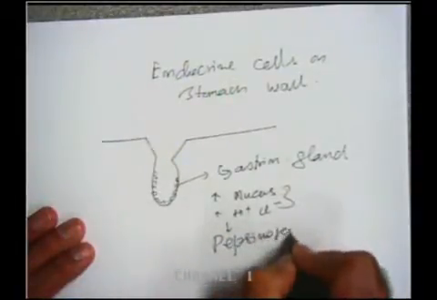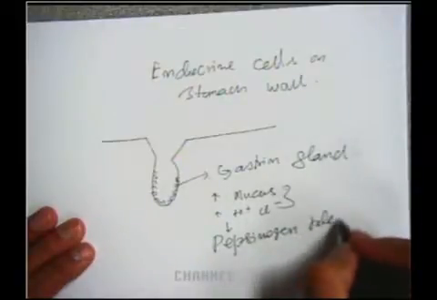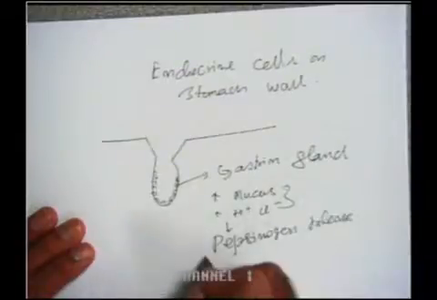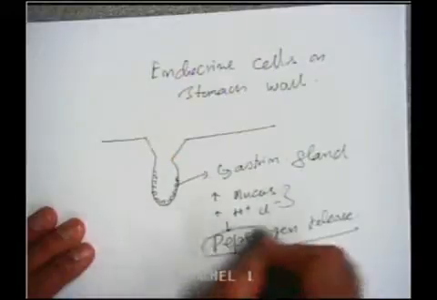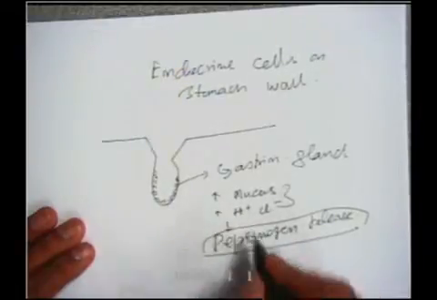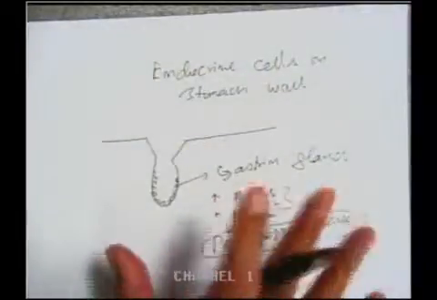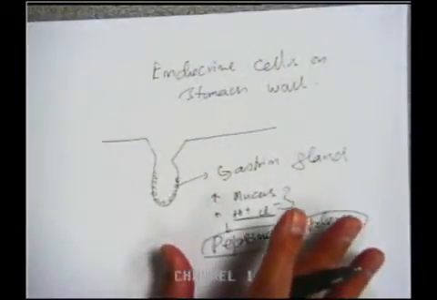Pepsinogen or pepsin is a protein digestion enzyme, right? Pepsinogen is a proenzyme, an inactive form, and pepsinogen becomes pepsin, not Pepsi, pepsin. That pepsin is produced in the presence of hydrochloric acid. So this is the regulation taking place in the stomach.